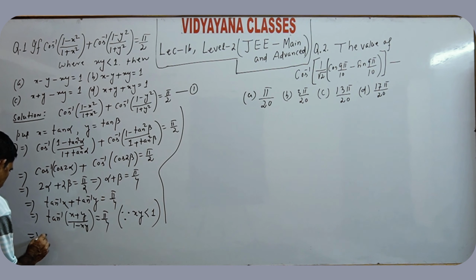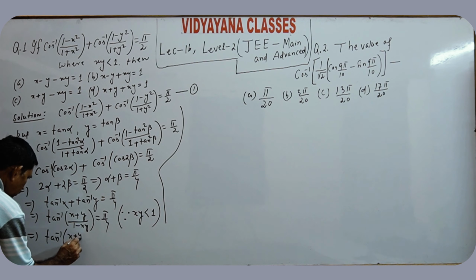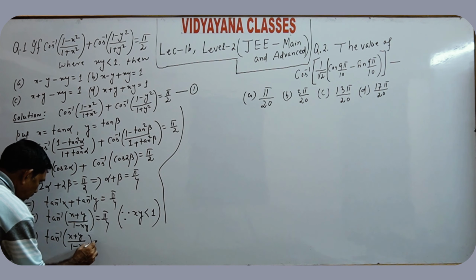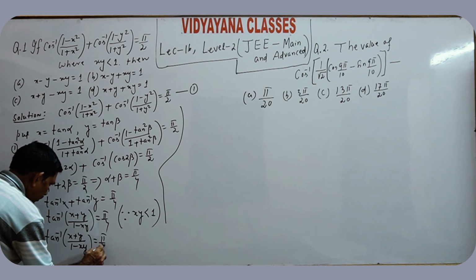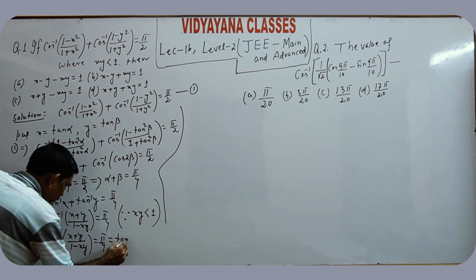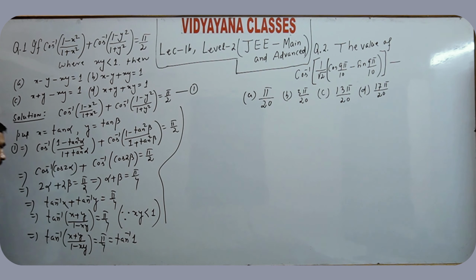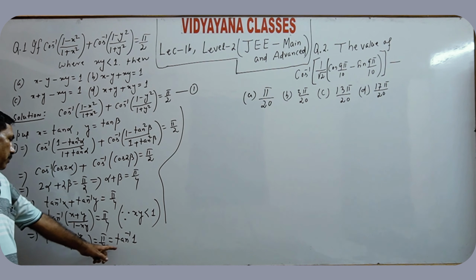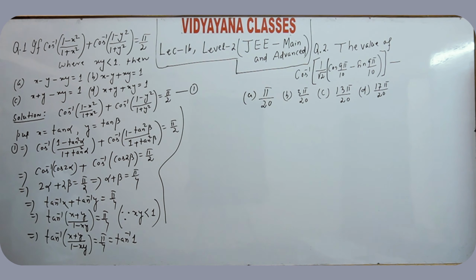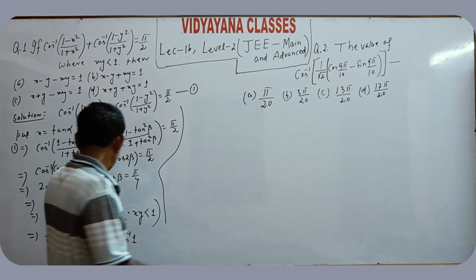Which implies tan inverse (x plus y divided by 1 minus xy) is equal to pi by 4, which is equal to tan inverse 1. Tan pi by 4 is equal to 1. Clear?